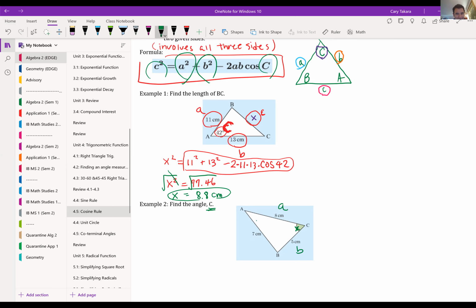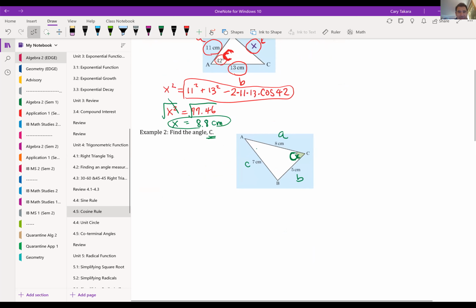You okay with that so far? That means little c is going to be the 7, and then the big capital C is going to be the angle X. So let's set it up.